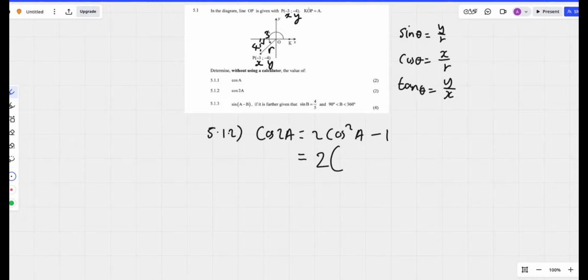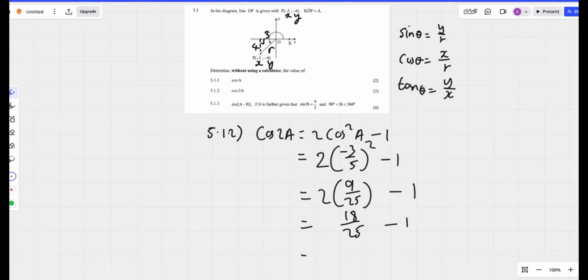So it's going to say 2 into (-3 over 5) squared minus 1. And when we square what's on the inside there, we're left with 9 over 25, and when we multiply here, we have 18 over 25 minus 1. And that's going to be -7 over 25.